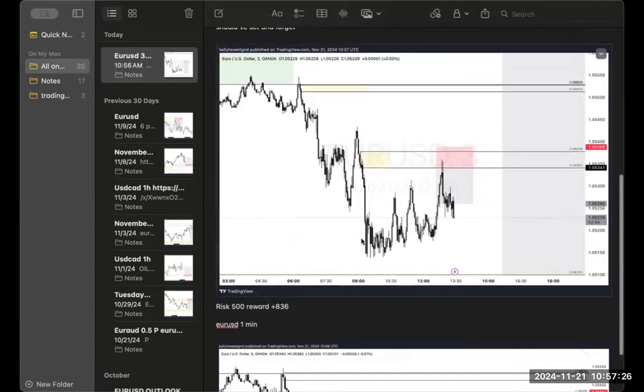It's not impossible with this system. We already caught 2 1 to 5s this week. So the risk was 500, and then the reward was positive 836, right? Because I closed out early prior to news.